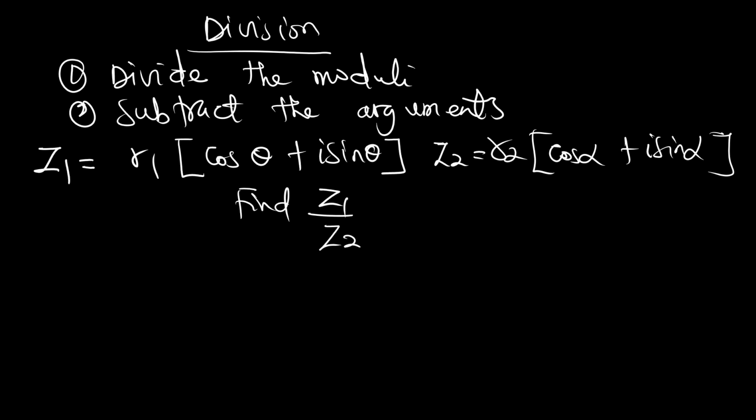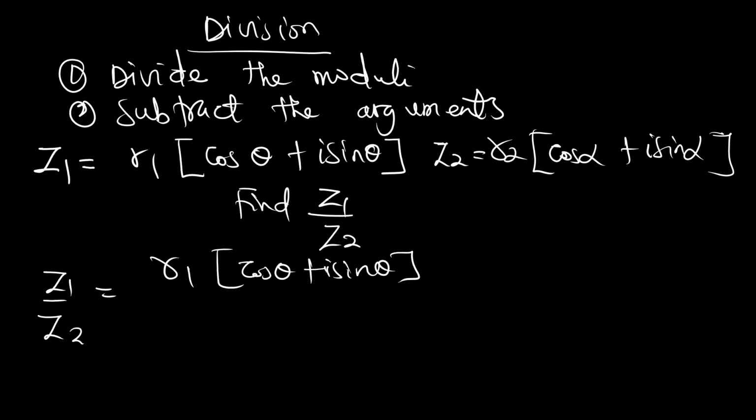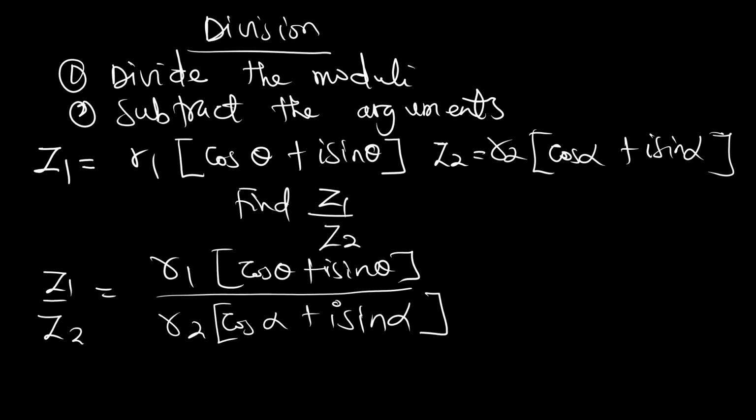We're going to have z1 over z2 as r1 (cos theta plus I sine theta) all over r2 (cos alpha plus I sine alpha).